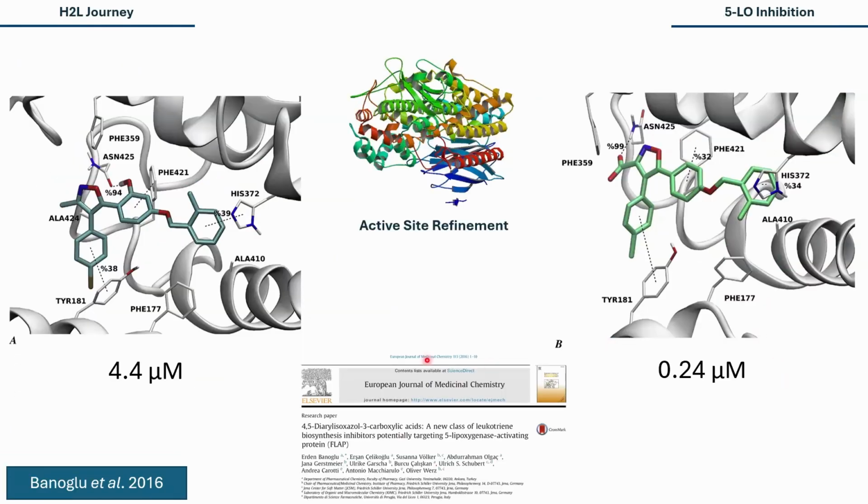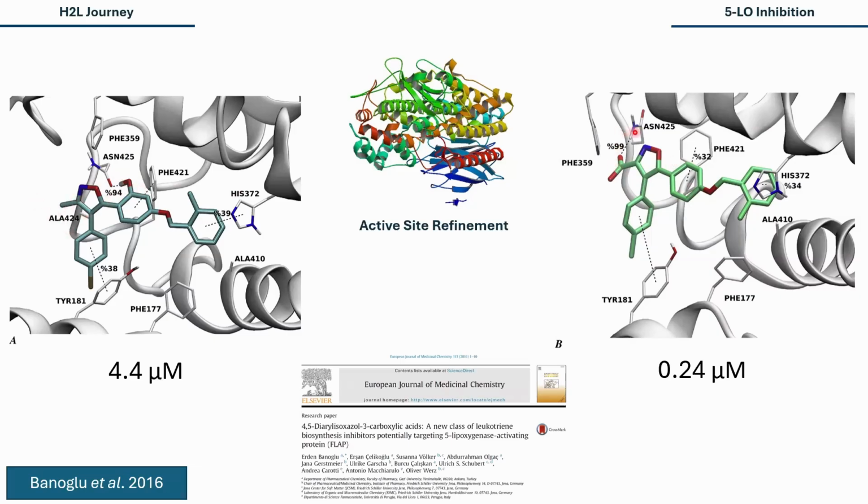In the same study, we also developed 5-lipoxygenase inhibitory effects, which started from 4.4 micromolar and ended with 240 nanomolar. And this was related with 5-lipoxygenase inhibition instead of its activating protein, FLAP. So what we did was to replace the hydroxyl group in the central benzene group and also include an additional carboxylate group here.